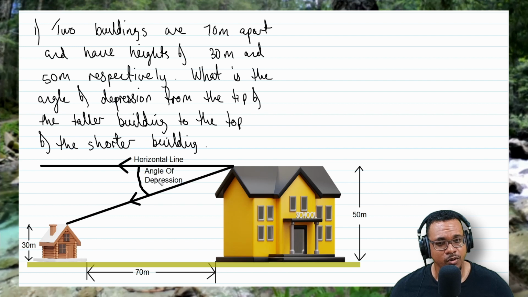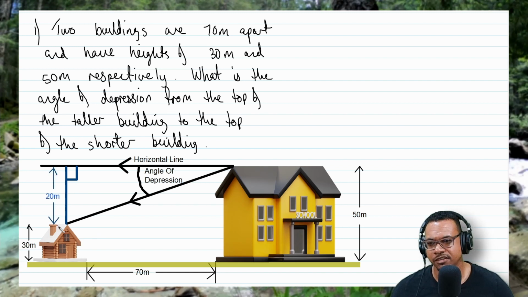Now the question will be now how to find this angle of depression. Now we're going to use trig ratios and we need a right angle triangle to do that. So what I could do is bring a vertical line up from this point straight up here, and this will form a right angle with the horizontal line. And the distance of this vertical line will be, if here is 30 and then here is 50, if we take away 30 from 50, we get 20. So the length of this vertical line here will be 20 meters.